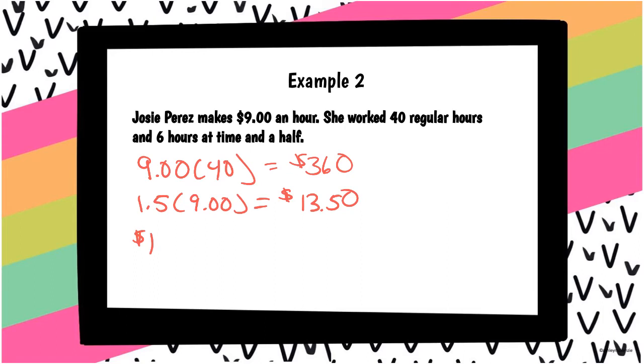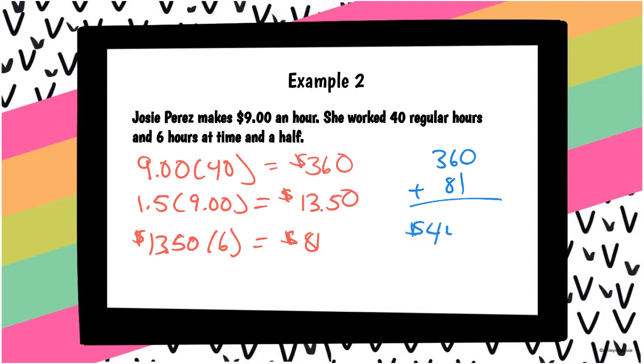She works 6 hours making $13.50, so multiply those together. Now figure out our total pay: 360 plus 81 means that Josie gets paid $441.